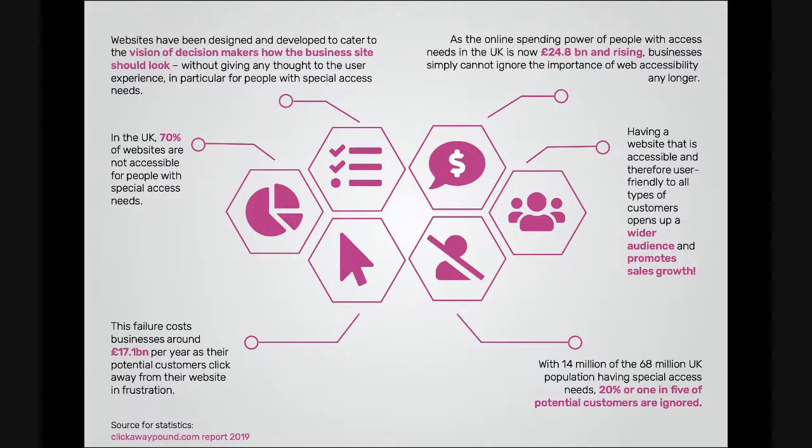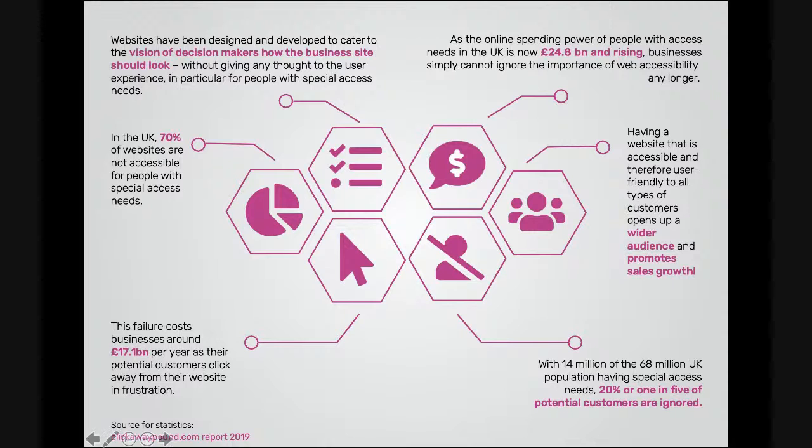The BBC did a report in 2017 and found that the purple pound, which means the spending power of disabled people, their friends and families, their wider circle, is £249 billion a year. That's what it's worth to the UK economy.